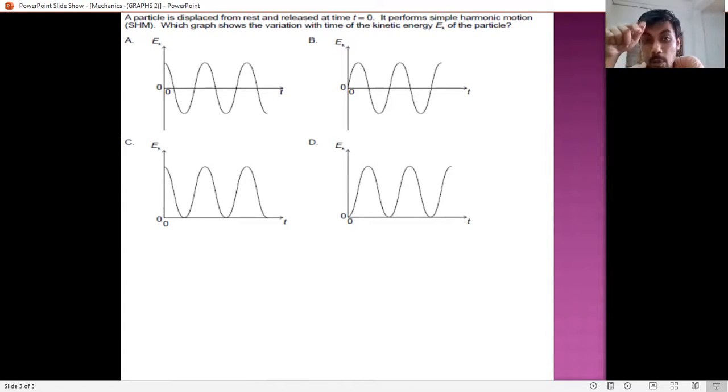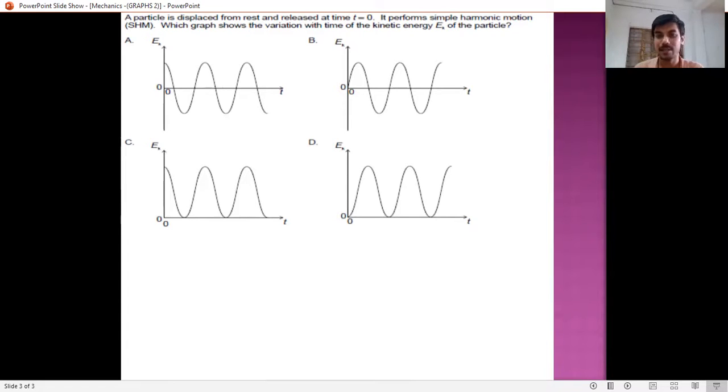Now, again, if you look into the question carefully, these questions are so very important to be read properly, to be understood properly. It says that the particle has been displaced from rest. So it's best to imagine SHM, in my opinion, with the help of a pendulum. If you displace it from the equilibrium position to its extreme position, from where you let go, obviously the pendulum will start oscillating, but the key point to be kept in mind is that at time t equals 0, when you made it oscillate, the velocity was 0, which means so was the kinetic energy.